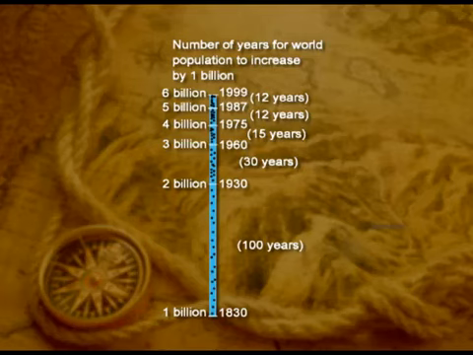The next billion people were added within a time span of 30 years, which further reduced to 15 years and then to 12 years. The pace of doubling of the population is higher in the developing countries as compared to the developed countries. There is a direct relationship between the economic development and population growth.